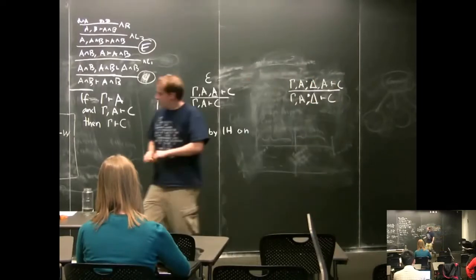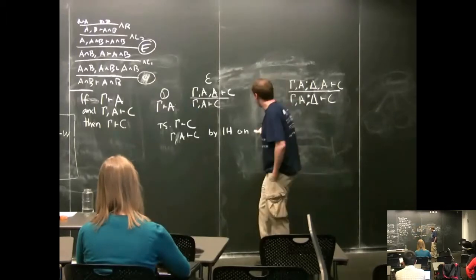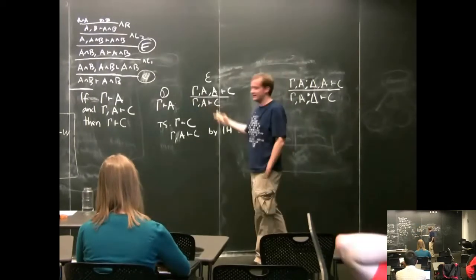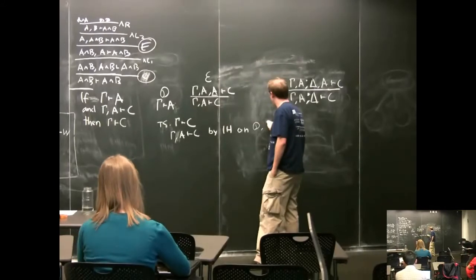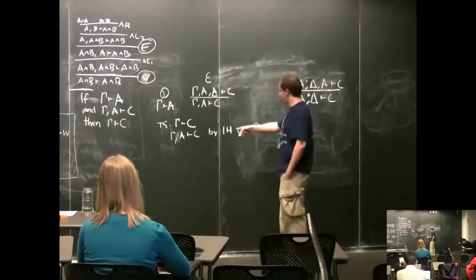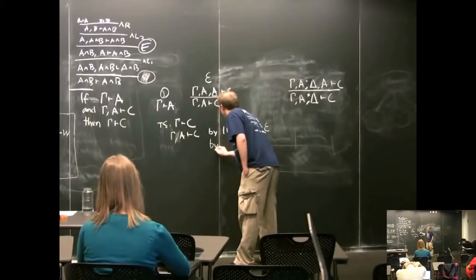Okay, so the bigger problem with this proof is that after I cut once against either one of the A's, now I have the same thing I started with on the bottom.